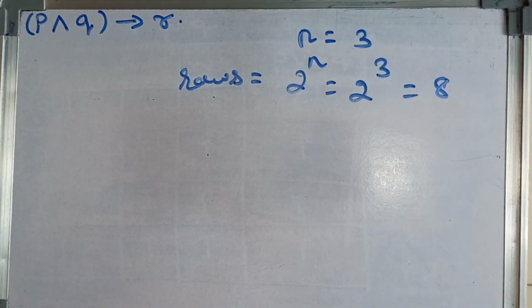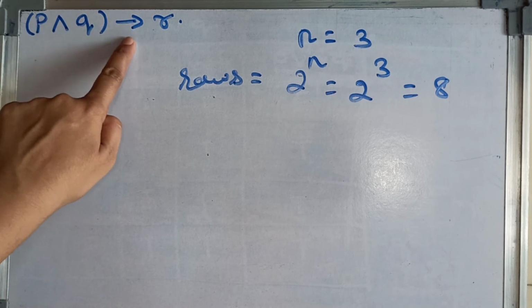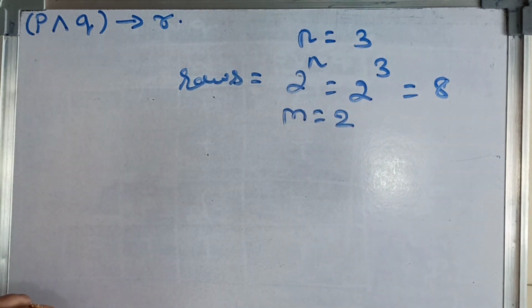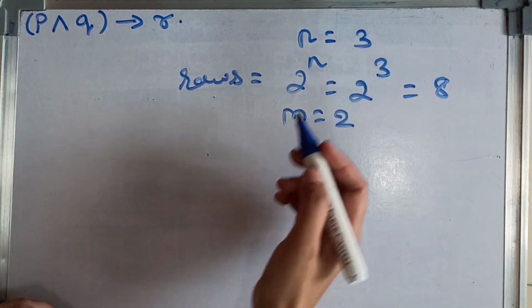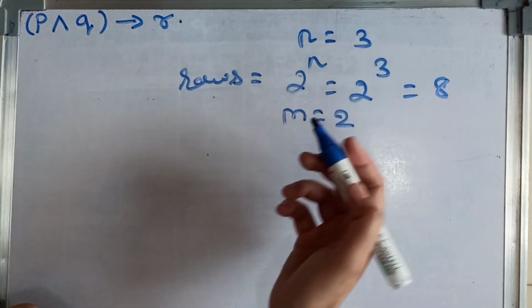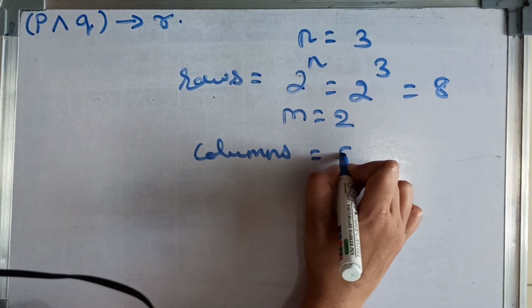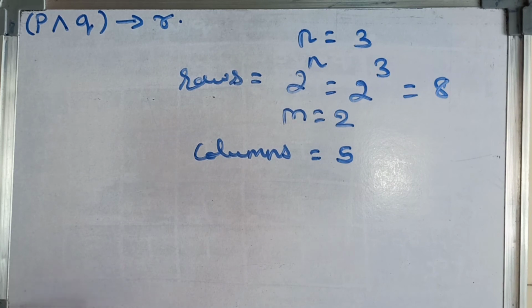Now let us talk about the columns. For that you need to count the connectives: 1 and 2. So 2 connectives, that means M is equal to 2. So the columns will be M plus N, that is 2 plus 3, that is 5. So we will have 5 columns and 8 rows.